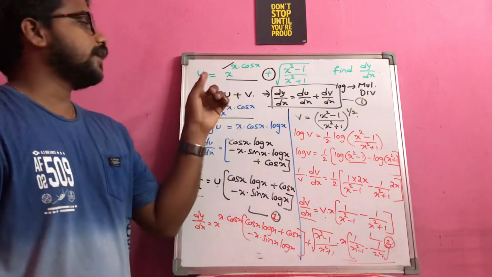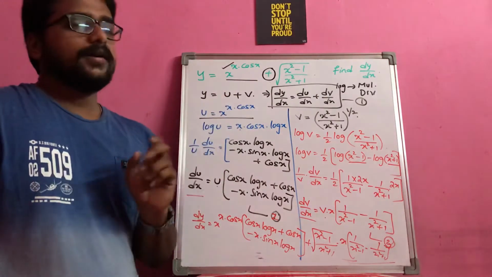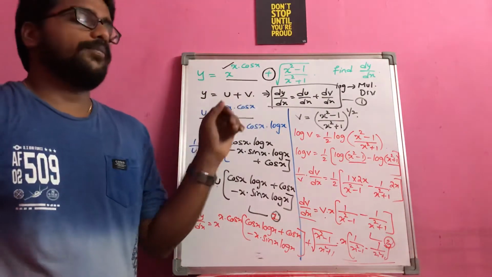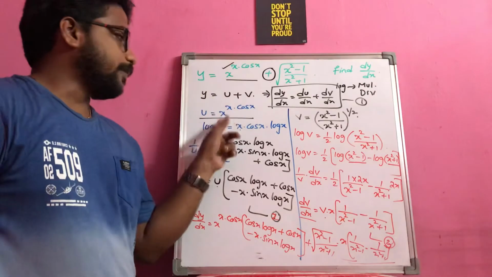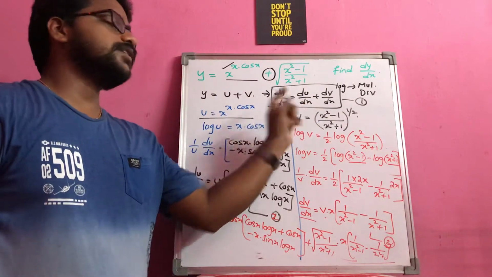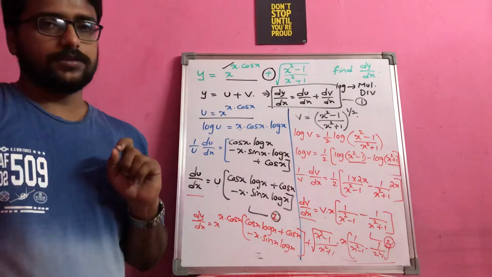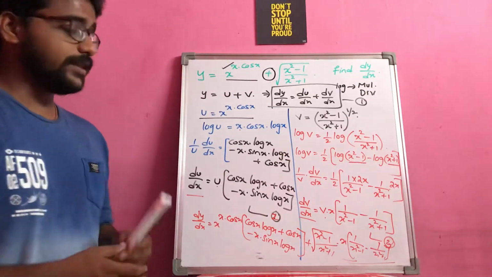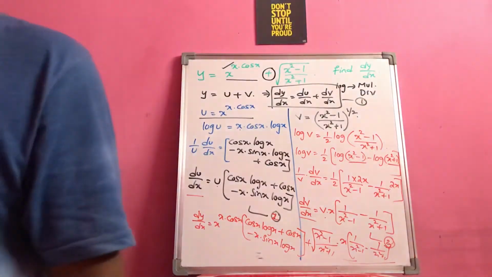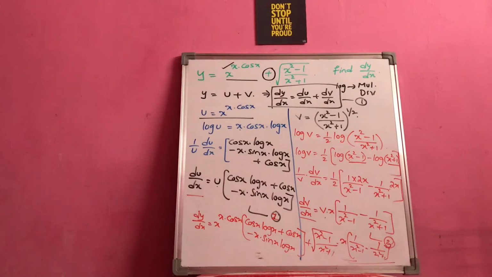We just have to take it as two variables u and v, and then you have to apply the logarithm separately and then substitute in this equation to get the final answer, right? So just observe this question once again. After this we will discuss one more question based on the same model, function power function, which is involving addition.